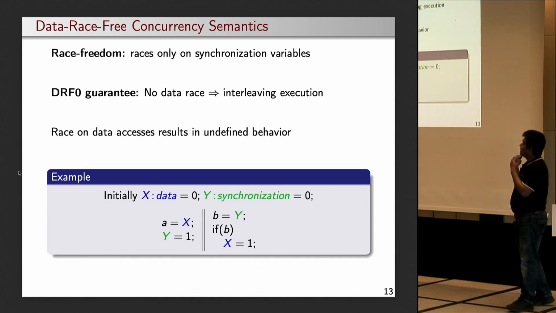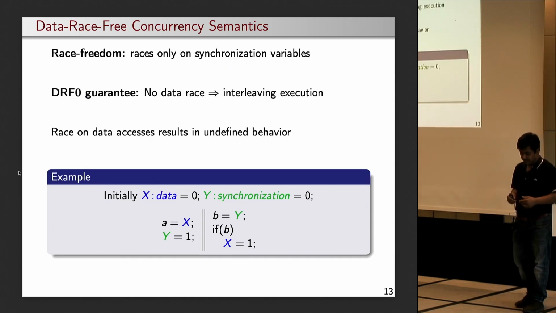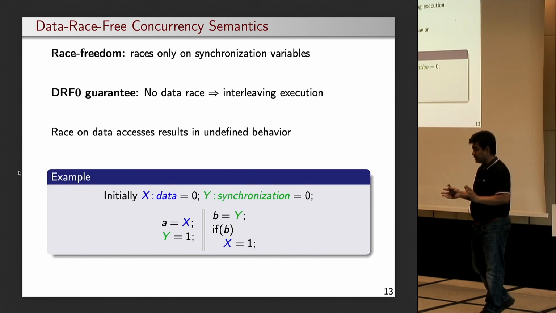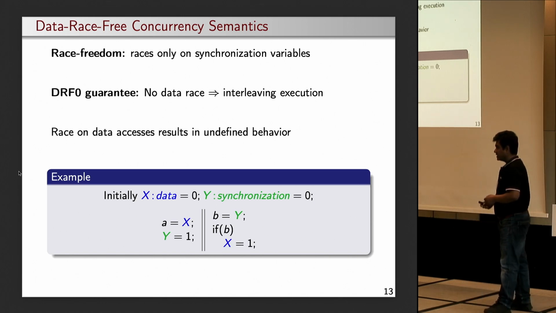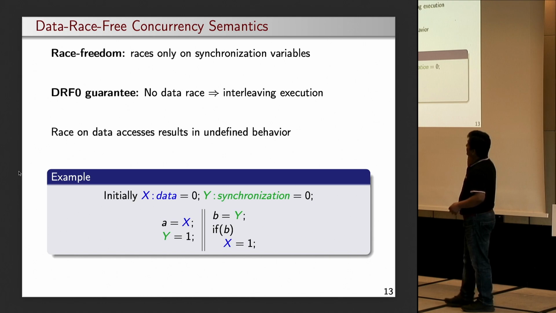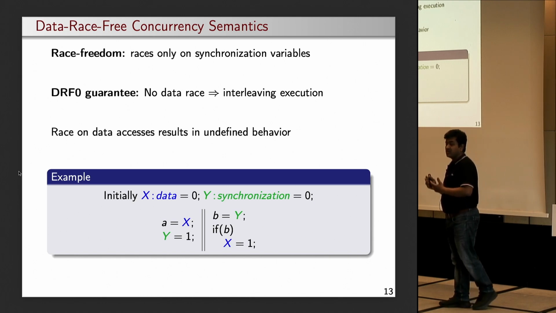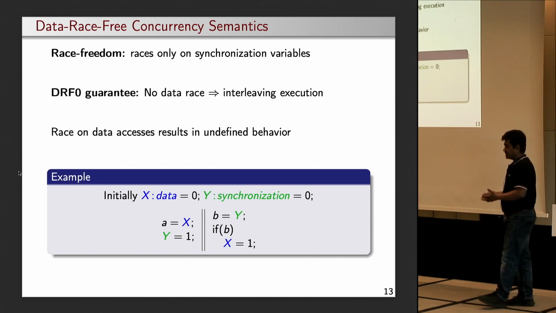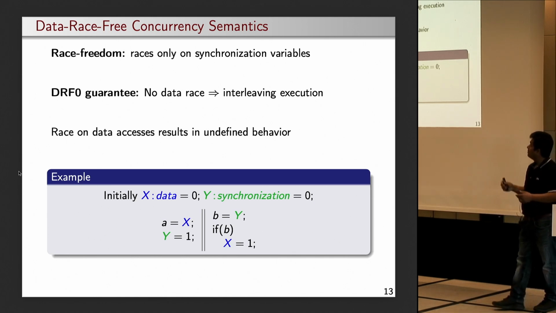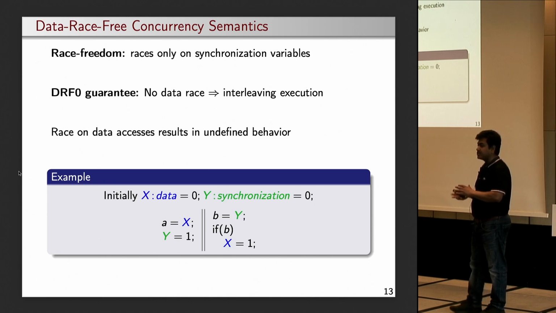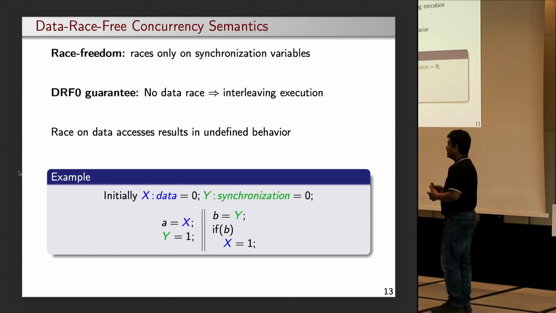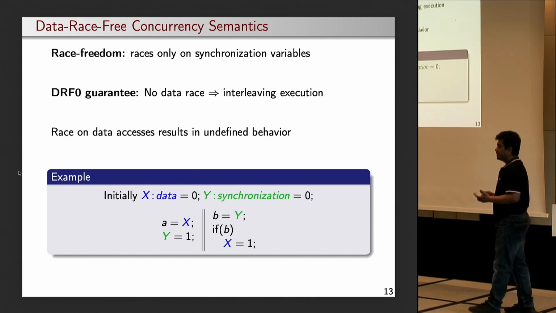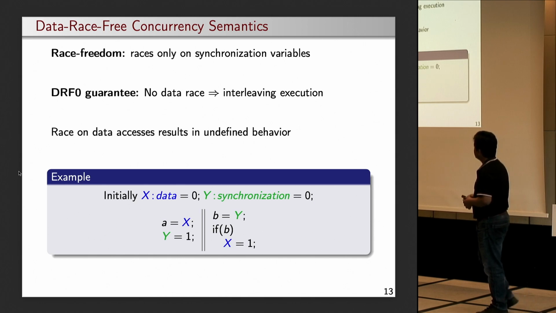Now, the model says that a race is unavoidable because we have to communicate, so there should be some accesses on the same memory location. But races on synchronization variables are all fine. We can have data races on those variables, but if we have races on the data variables, it will be undefined behavior, meaning there is no guarantee the semantics will provide for those particular executions.